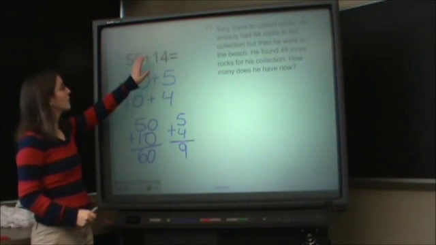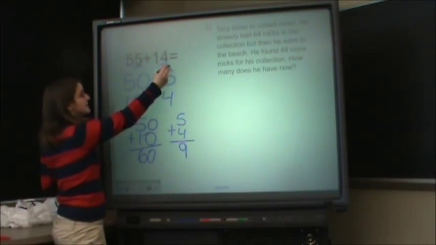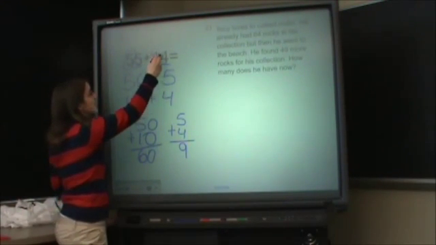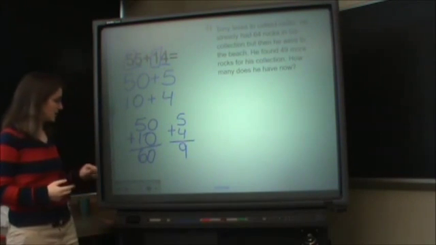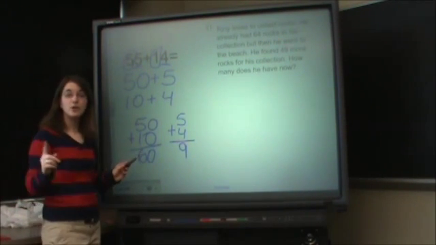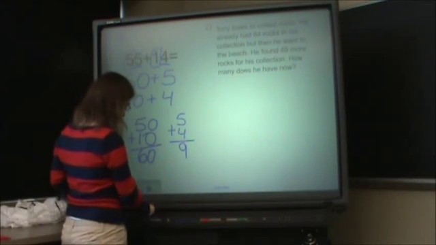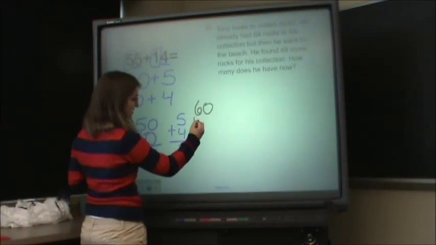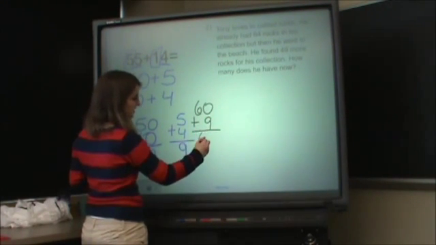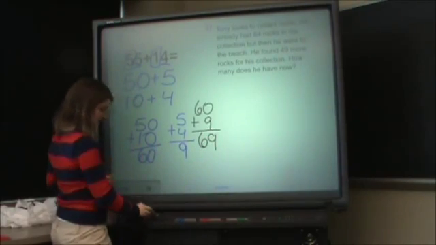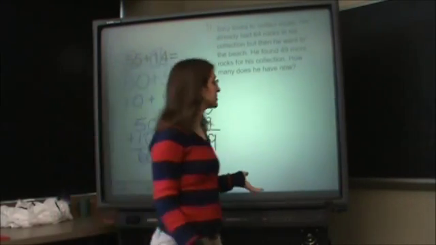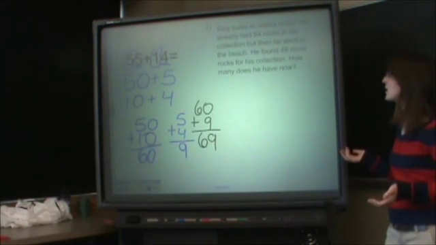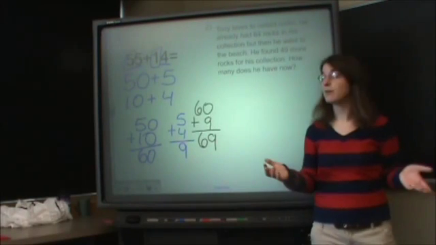Because the 5 and the 4 come from our ones place, and the 50 and the 10 come from our tens place. Now, are we done? No, we're not. We still need to add up 60 plus 9 to get 69. And now what about this number sentence? Tony loves to collect rocks and he already has 64, but then he found 49 more rocks.